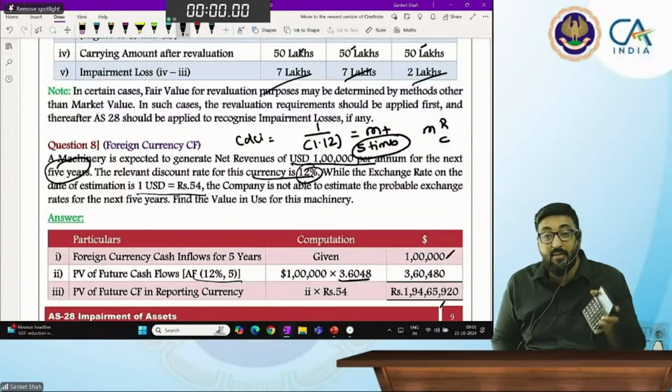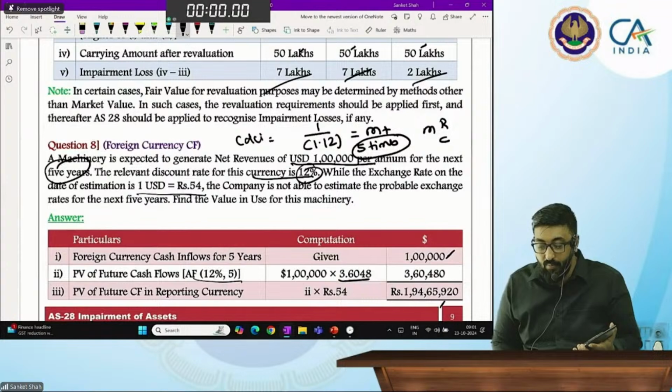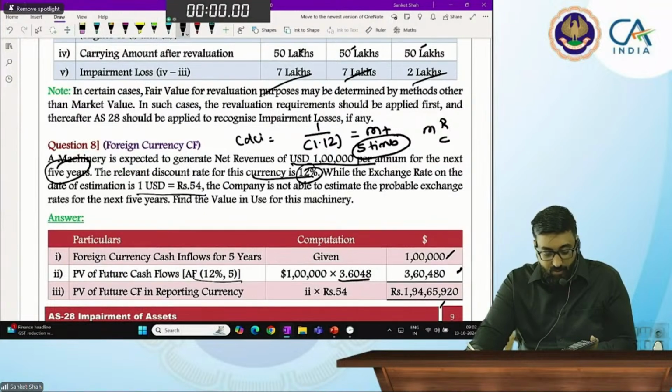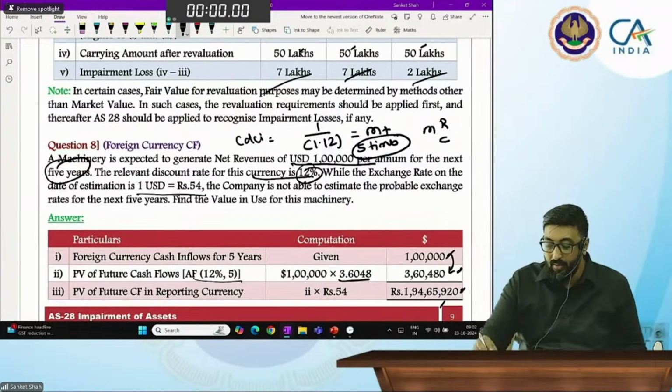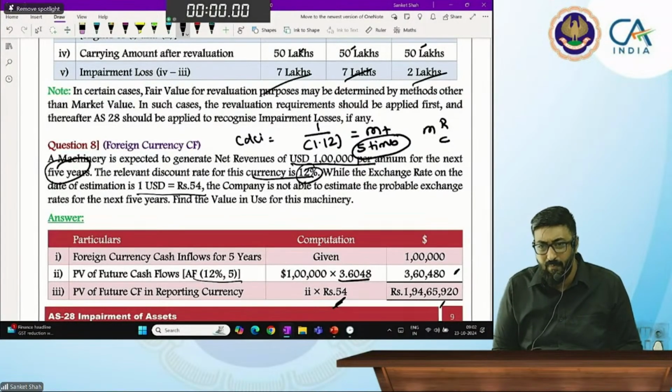You are getting the answer 3.60477. So 3.6048 into $1 lakh, 360,477 I'm getting actually. You can take 488 and then multiply by this discounting factor, 3,66,60,480 sorry, multiplied by 54 and you will get the answer. Very simple question. सिर्फ डॉलर को कन्वर्ट करना है रुपीज में. वेरी सिंपल.